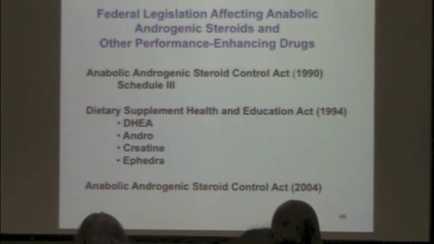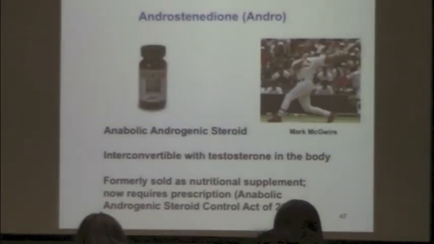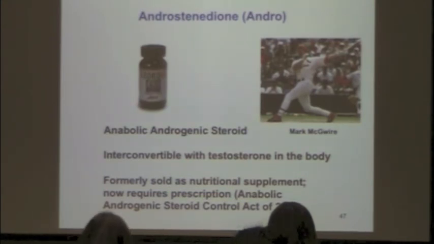They're both formed in the pathway to testosterone in the body. And the Anabolic Androgenic Steroid Control Act of 2004 was passed. And that's what covers andro. This is the compound that Mark McGwire admitted that he took, but he said, hey, it was legal when I took it. There was nothing against it. So technically he's right. But now andro is covered under that law.